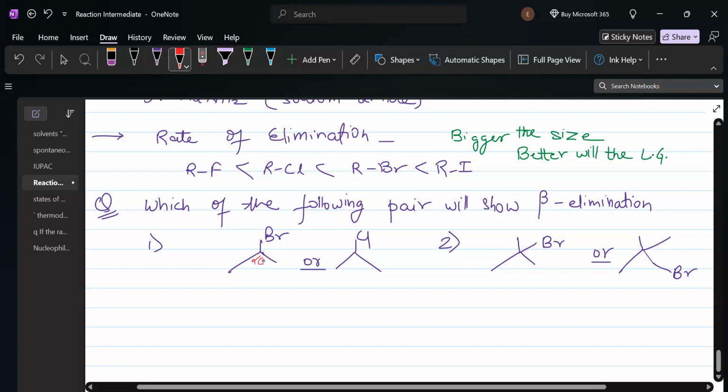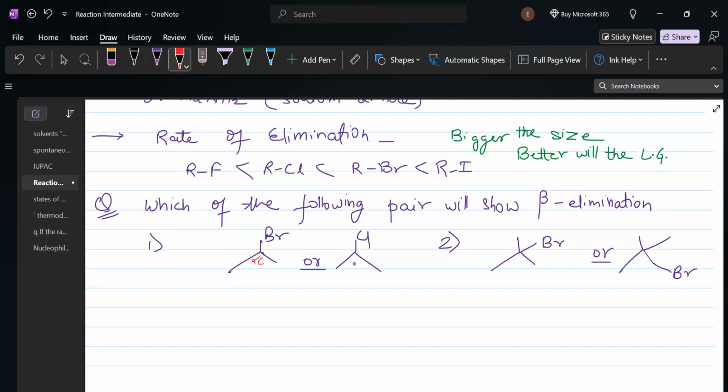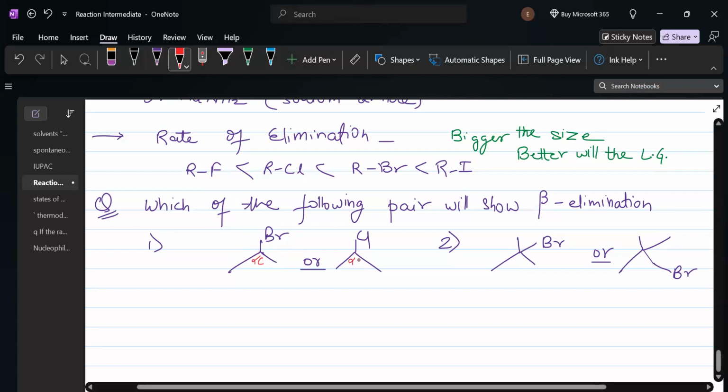And Khadija, how many alpha carbons here? One. Okay, beta carbon? Two, yeah. This one is also beta carbon, and this one is also beta carbon, right? Yes, sir.